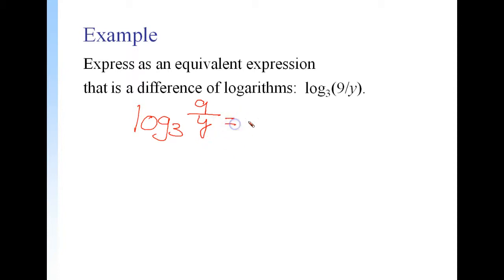So the equivalence of this would be log base 3 of 9 minus log base 3 of y. So this is equivalent to this.